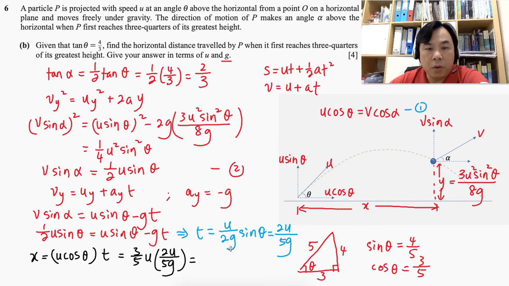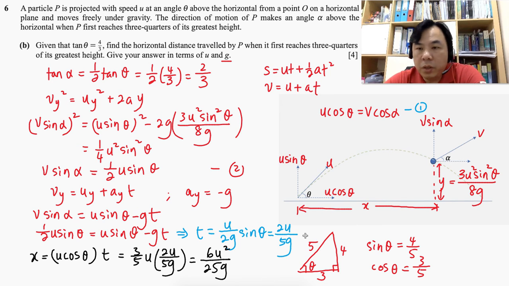Therefore, we have 6u squared over 25g. So the time taken to reach that 3/4 height is given here, and therefore we managed to find out the horizontal distance traveled by p when it first reaches 3/4 of its greatest height. All right, so I hope this has been a useful exposure to you. I'm going to move on to the last question shortly.